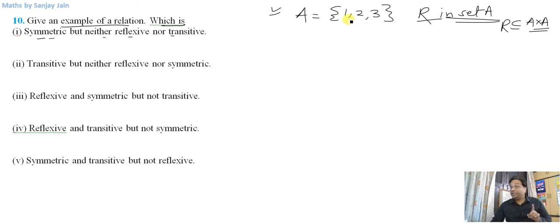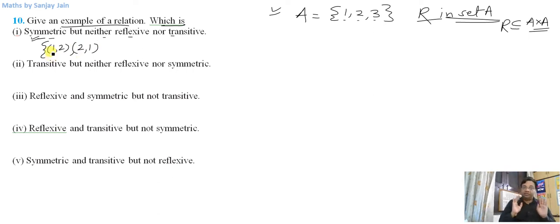For being reflexive, every element's doublet should be present. So even if I cut off one doublet, then it will not be reflexive, right? And for being not transitive, so let me write an example. I need to show that it is symmetric. So let me take (1, 2) and (2, 1) here. I've taken these two elements.